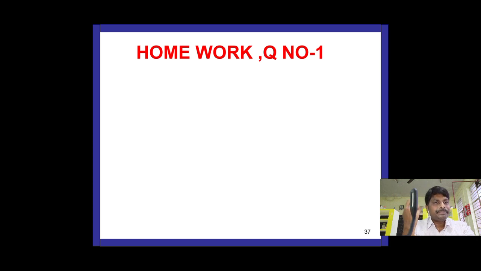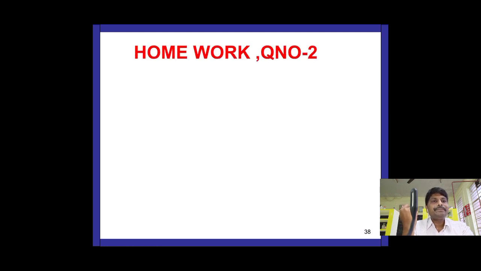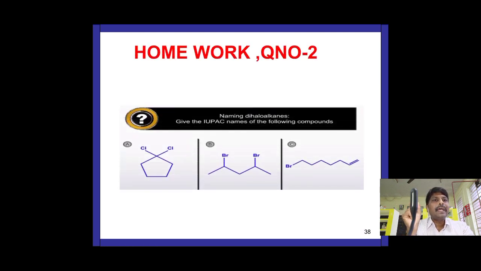After solving this one, now you will go for the homework. Question 1: what are the common and IUPAC names of the following compounds? For these three examples, you write common names and IUPAC names. Question number 2: what are the IUPAC names of these dihaloalkanes?